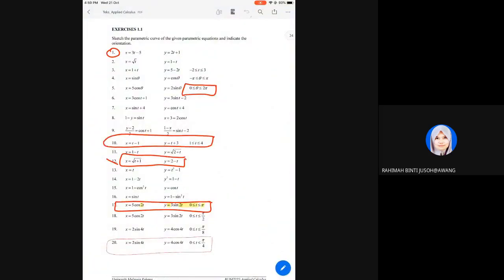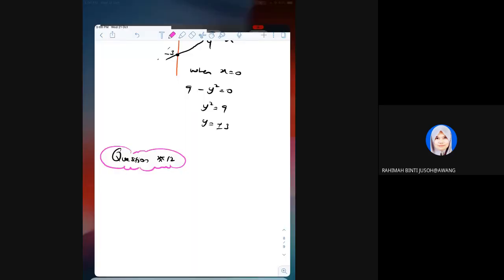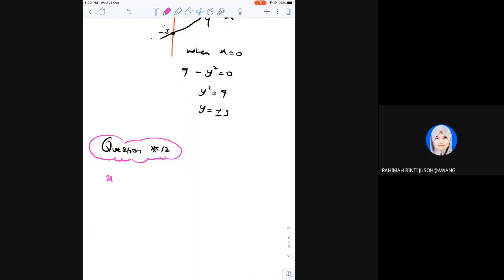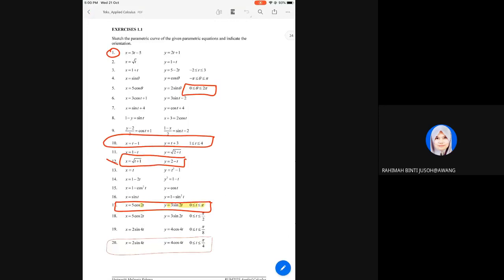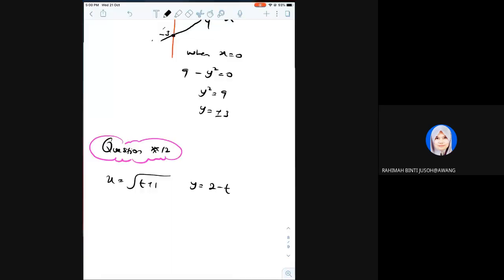Square root t plus 1, 2 minus t. Okay, dia ada interval tak soalan ni? Okay, no interval. Alright, so bebas lah.